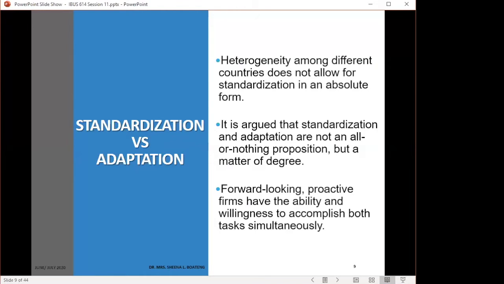So as a forward-looking firm, you have to be proactive in the manner that you are willing and able to accomplish both techniques simultaneously, such that where the market calls for standardization, we go in with standardization. And where the market calls for adaptation, we go in with adaptation in any way, manner, or form or combination that we need to in order to make sure that we can efficiently and successfully serve all the foreign markets that we are looking to enter into as global marketers.